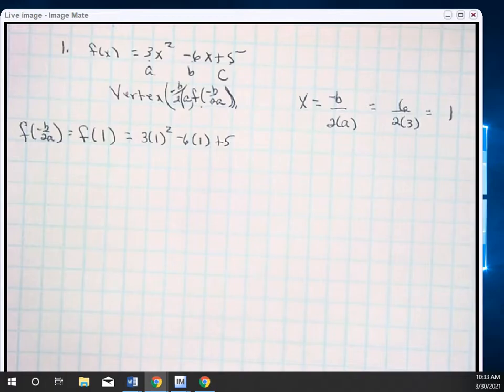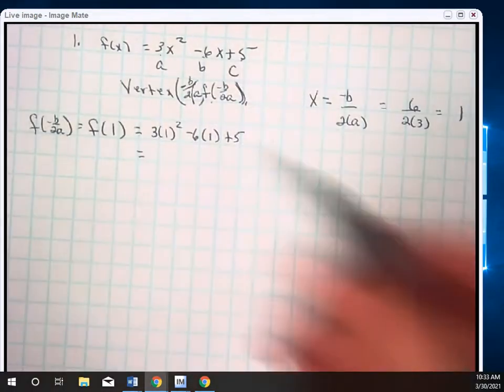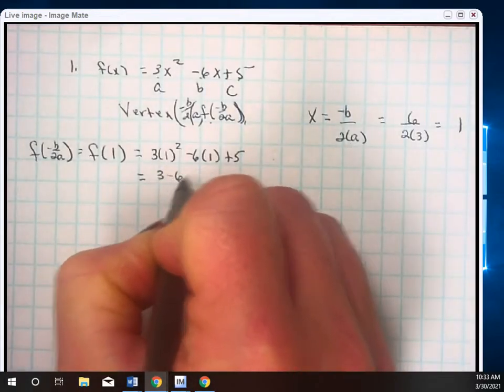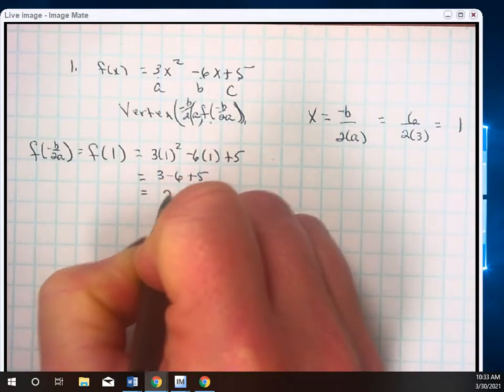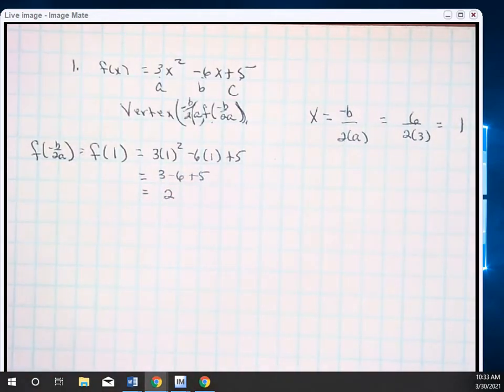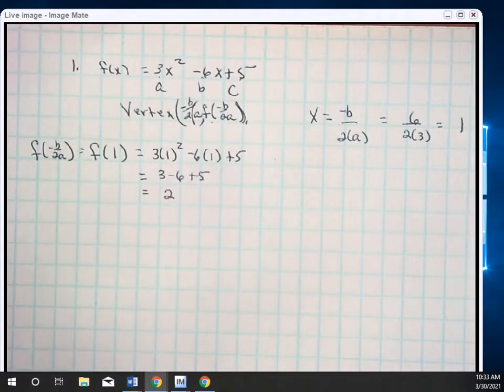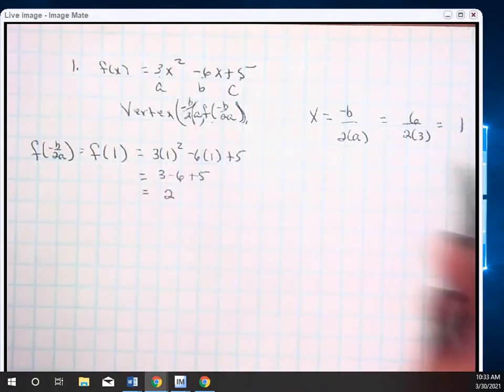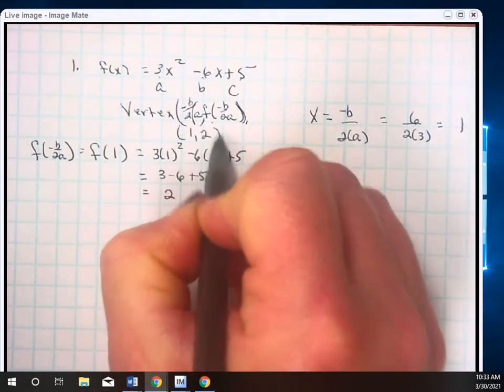Put the 1 in for the x. And you can use your calculators to do this. I hope you don't have to. This is my y value, the f of y. Here is my x. So my vertex is the point 1, 2.